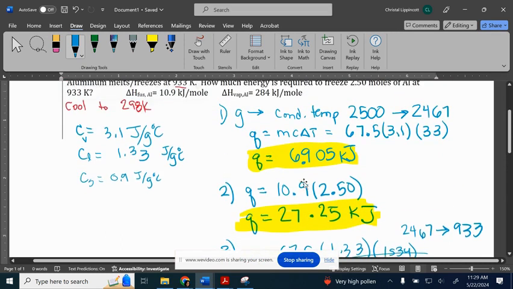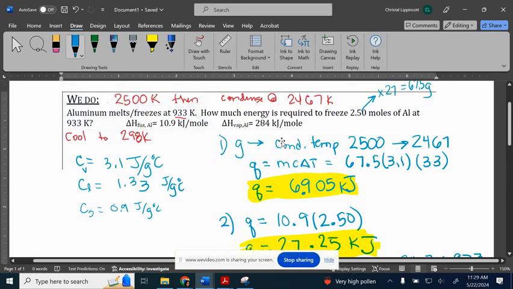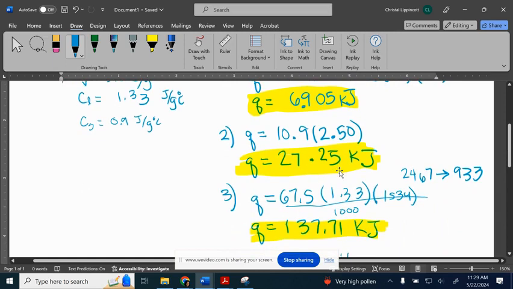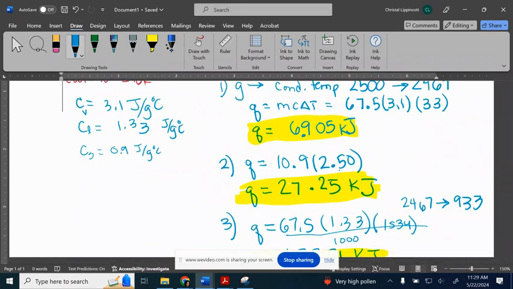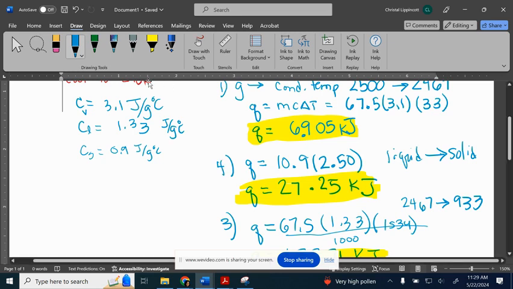I used 10, dadgummit, you guys. I should have used 284 here. Shoot. This should have been 284. Well, this would have been our amount to go from this to the liquid to the solid. So I just got these out of sequence. So this would have been step 4. The math's still the same.